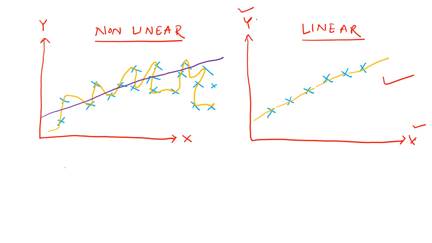If the relationship can be generalized in a linear, straight line manner, then we call that a linear relationship. It is very easy to predict the value of y from the value of x if such a relationship exists. But in most scenarios, you won't find such a relationship.